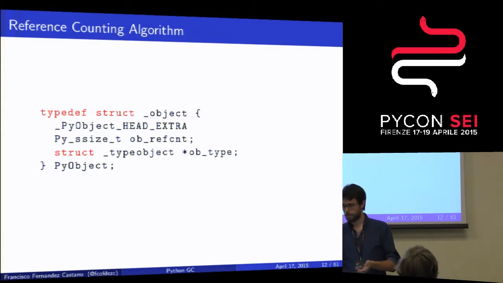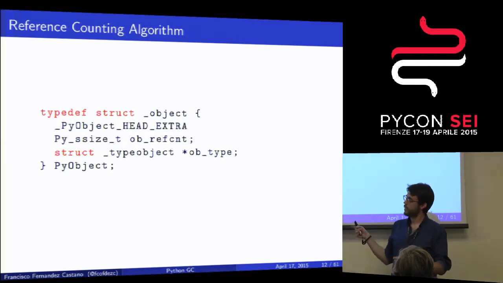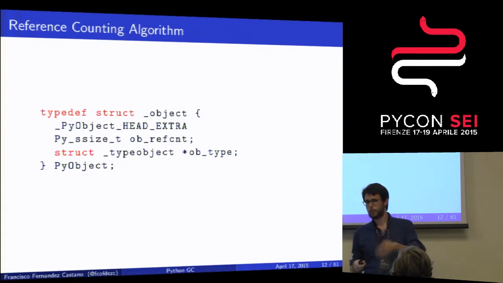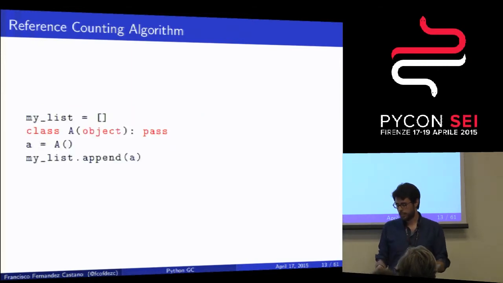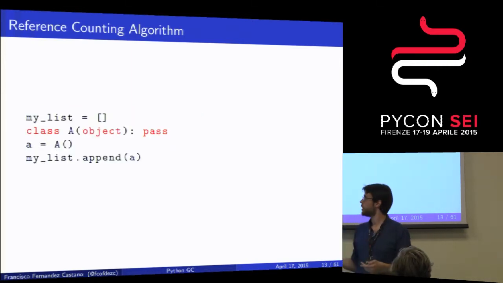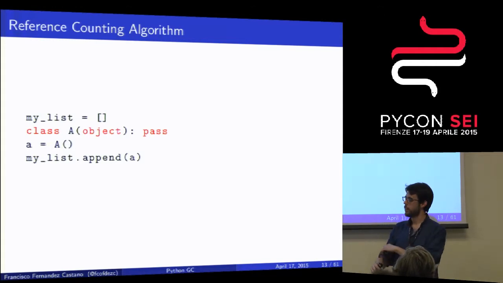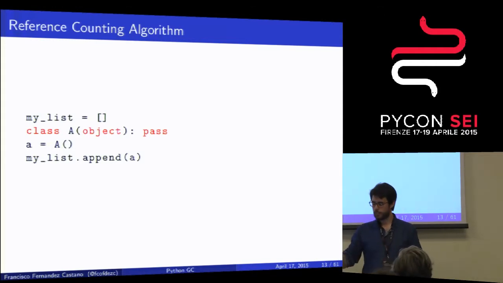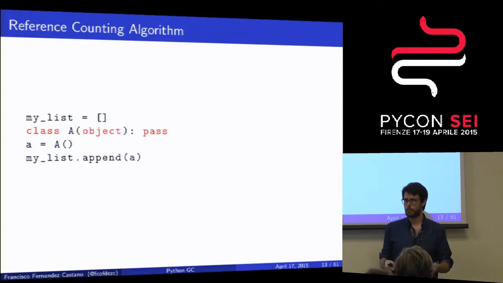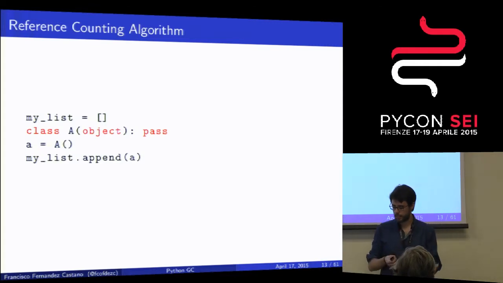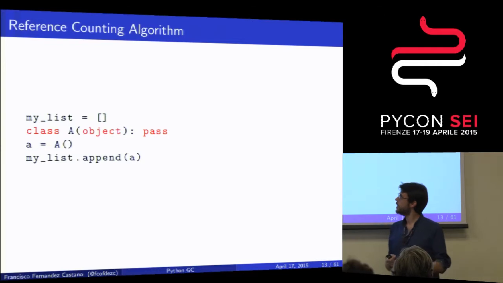It has the count of how many references point to this object, and Python does it for us underneath, so we don't have to take care of incrementing or decrementing this counter. CPython does it for us.